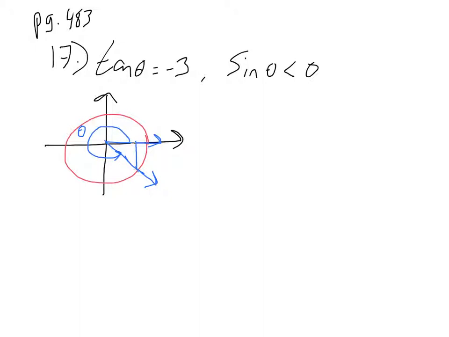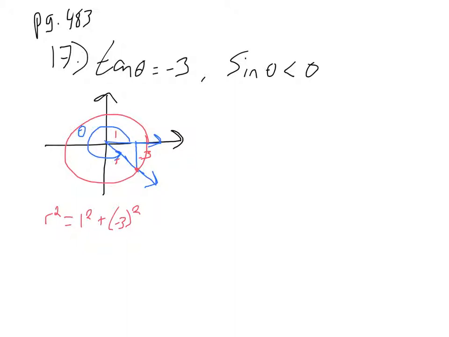So the y coordinate might be -3, and the x coordinate might be 1 of that particular point on the circle. And of course you want to figure out the radius. So r squared is equal to 1 squared plus -3 squared. We set up our Pythagorean theorem equation for the reference triangle for that particular angle.